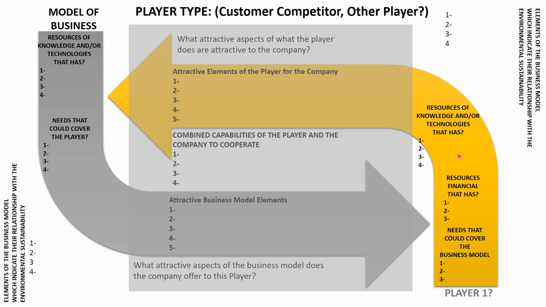In the yellow arrow, you have three questions. The number one is about the resources of technology. Does the player have the financial resources? And the last question is about the need of the player covered with our business model.